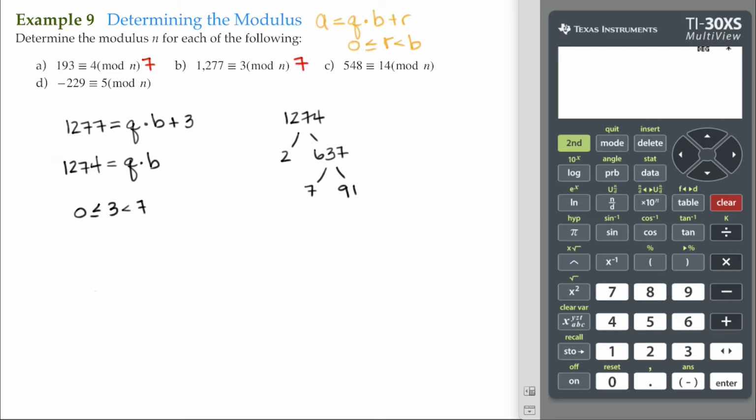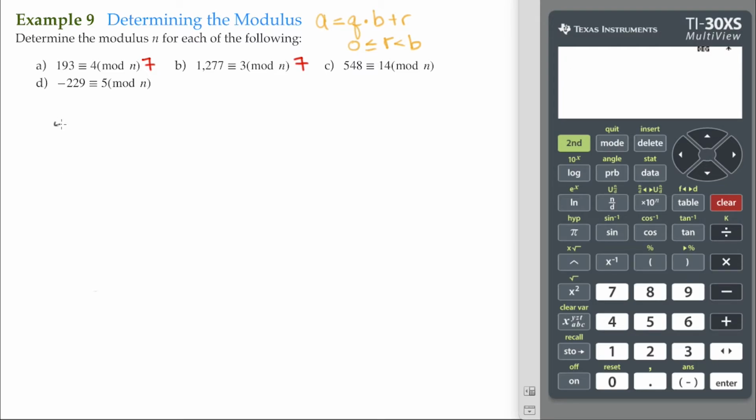Let's try C. 548. Write it in terms of the division algorithm. That should be equal to Q times B plus the remainder of 14. Using algebra, we'll subtract 14 from either side. This is going to be 534.